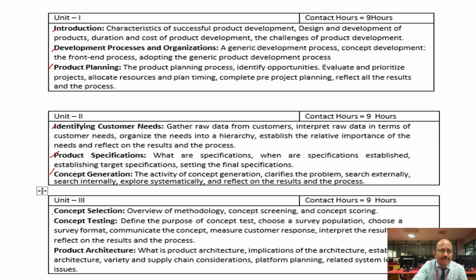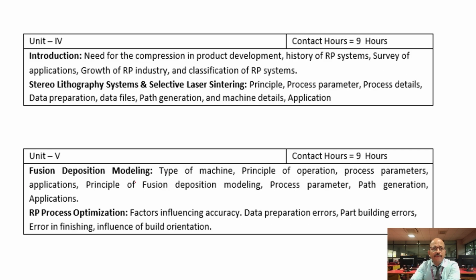Unit 3 has the subtopics concept selection, concept testing, and product architecture. All these 3 units are related to product development, and units 4 and 5 are related to rapid prototyping. Now, when you develop a product, you need not go for mass production in huge volumes of thousands and lakhs.